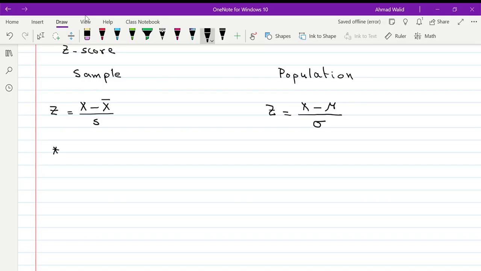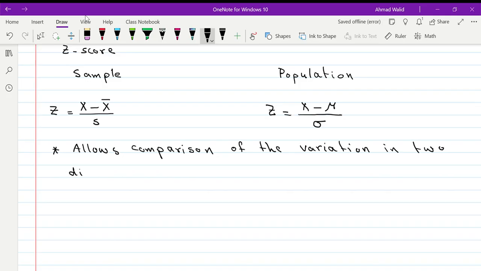It allows comparison of the variation in two different samples, or it can be what?